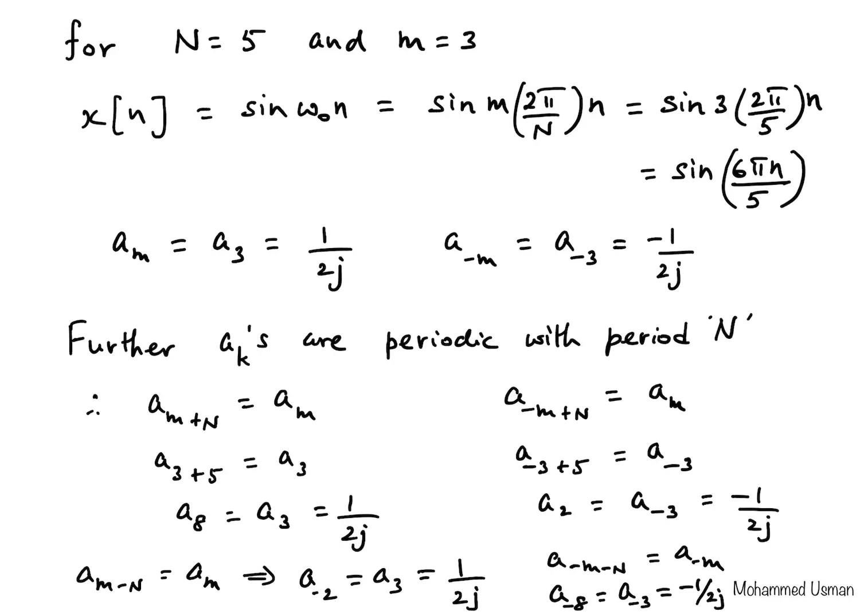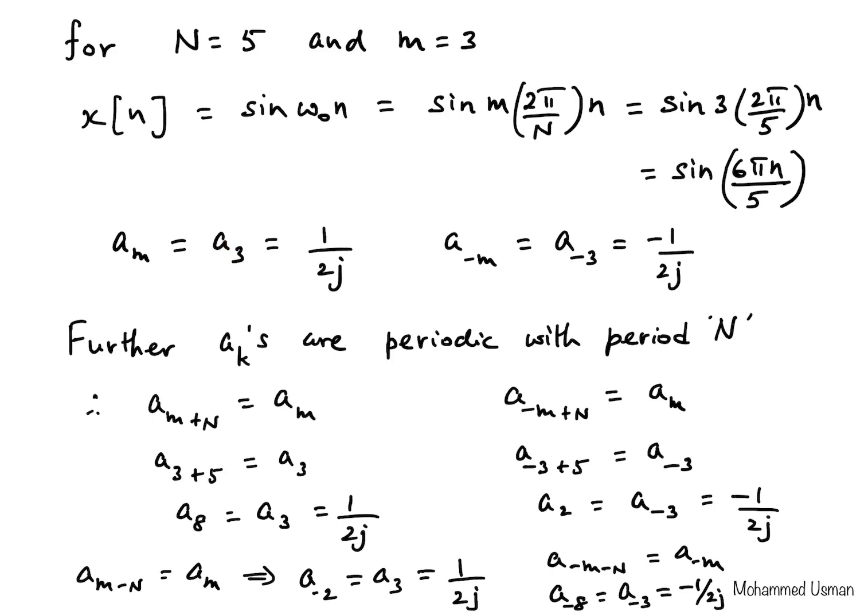And like that we can compute for any other values shifted by integer multiples of n, that is shifted by minus n, minus 2n, plus 2n, and so on. So we'll see that these aks are repeating after a shift of 5, because the period n is equal to 5. We start with the first value, which is a3 and a minus 3 in this case.